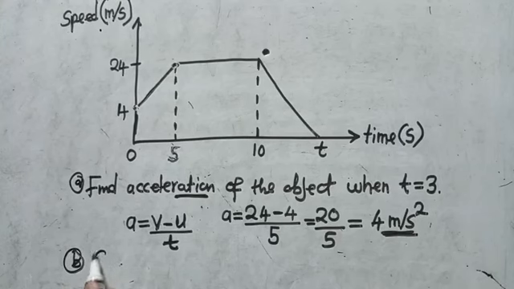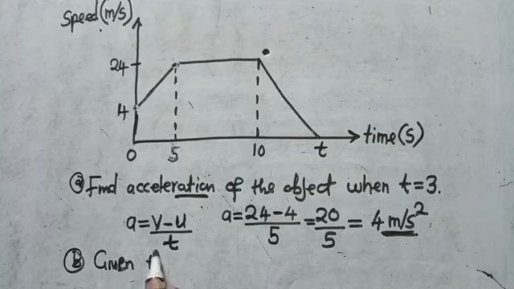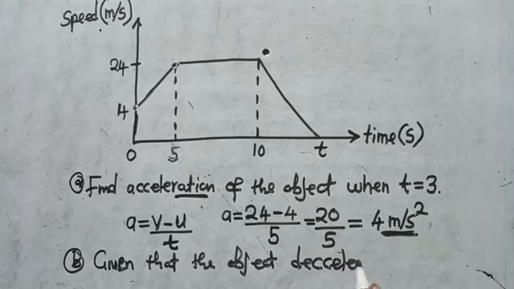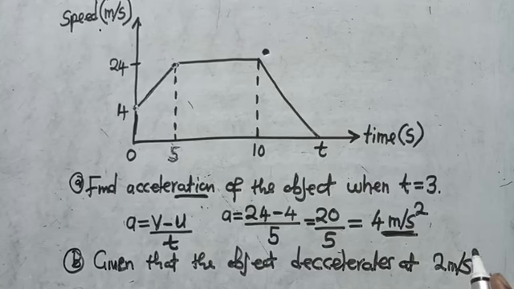The next question says, given that the object decelerates at 2 meters per second squared, find t.